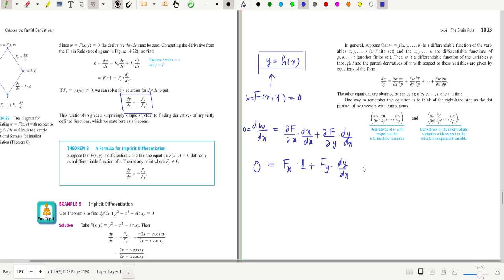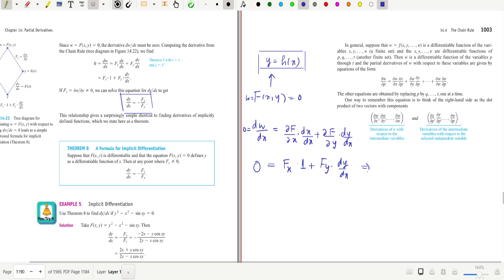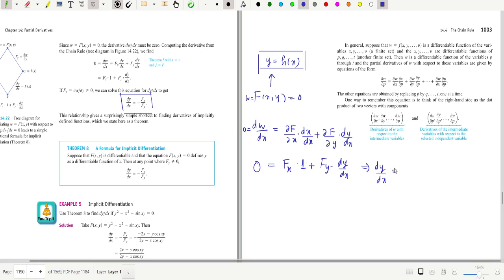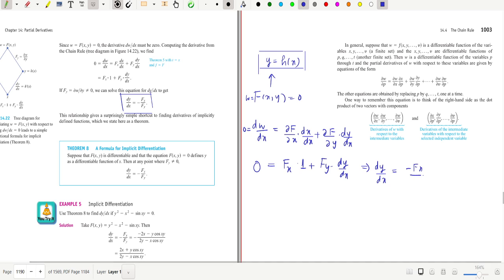From this expression you can find the value of dy by dx. You can extract that value as minus f_x by f_y. So this is the usual way of finding dy by dx using the implicit form.